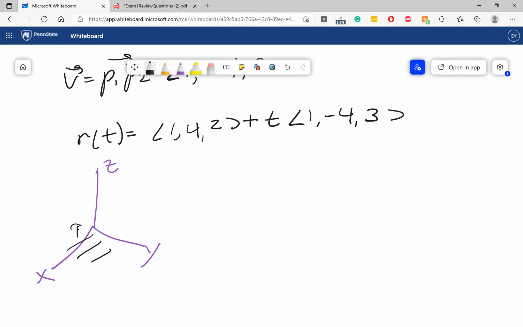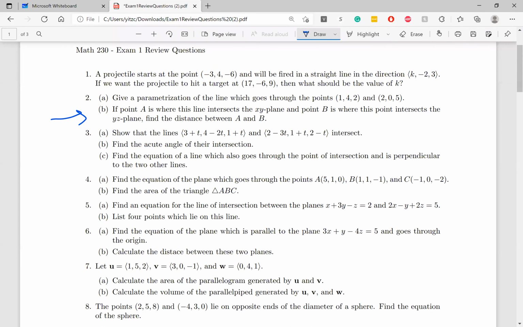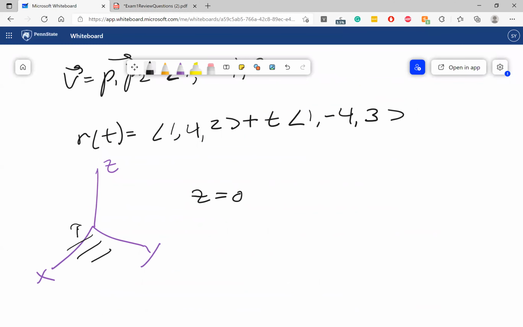So we can say that the equation of this plane is z is equal to 0. And the second plane is the YZ plane, and that's just going to be the plane x is equal to 0.